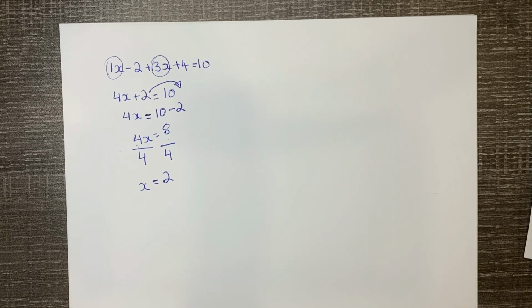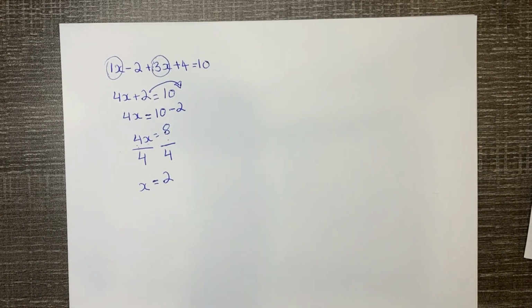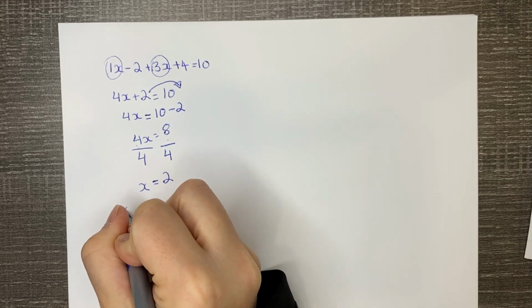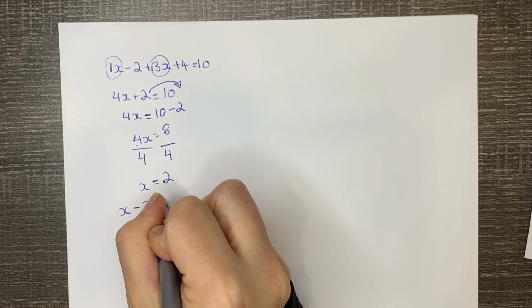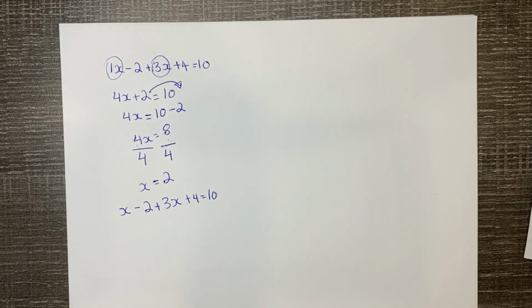And from here, now that we have the solution for our variable, we can check our answer by subbing the answer back into our original equation. So our original equation was x minus 2 plus 3x plus 4 equals 10.